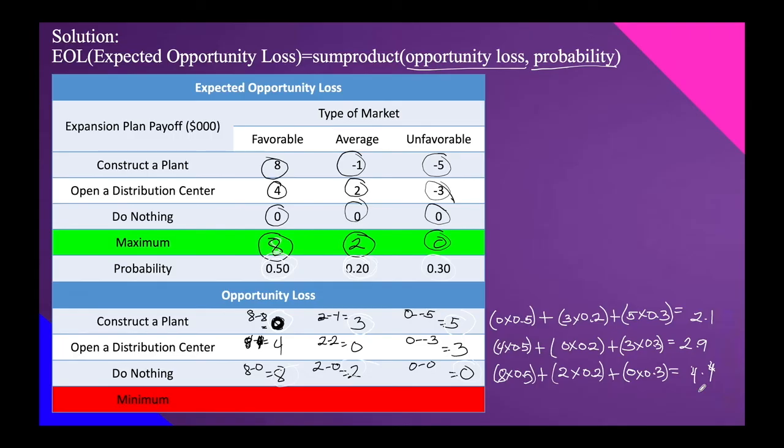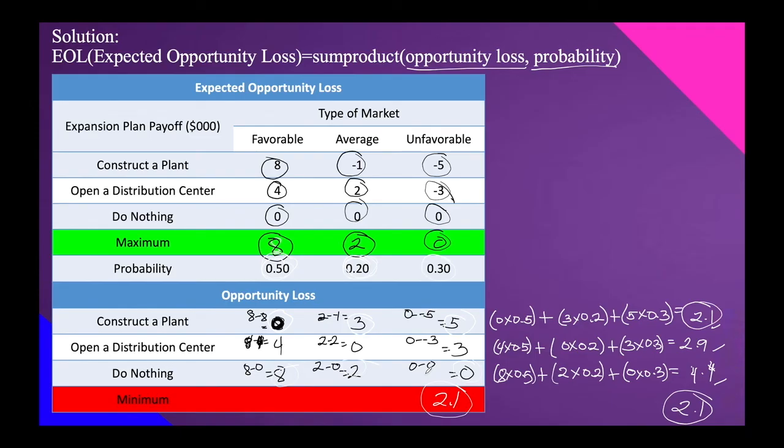Ang last step natin will be to find the minimum among this expected opportunity loss. Because we are talking with opportunity loss, that's why we need to choose the smallest one, the minimum. And we have 2.1, 2.9, and 4.4. So, basically, ang pinakamaliit dyan is 2.1. Same lang.